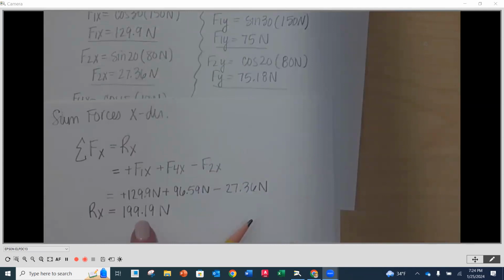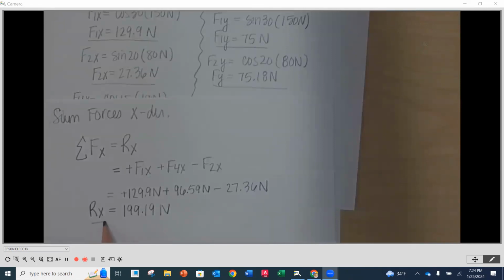That's because they used only one decimal place for everything. We got 199.19, which is really 199.2 because we didn't round as much earlier in the problem. So you may see differences like this from your answer to the book. Call it good, okay? Don't worry about getting it perfect to their answer, because they rounded to only one decimal place, which induced more error earlier, okay?